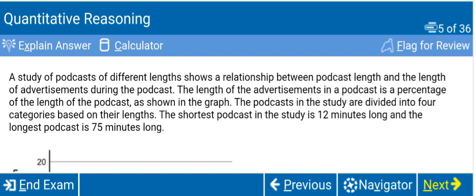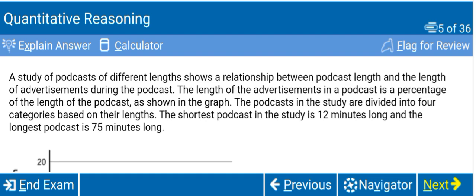A study of podcasts of different lengths shows a relationship between podcast length and the length of advertisements during the podcast. The length of the advertisements in a podcast is a percentage of the length of the podcast, as shown in the graph.